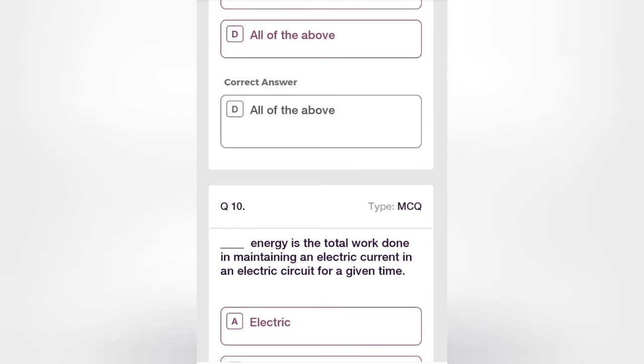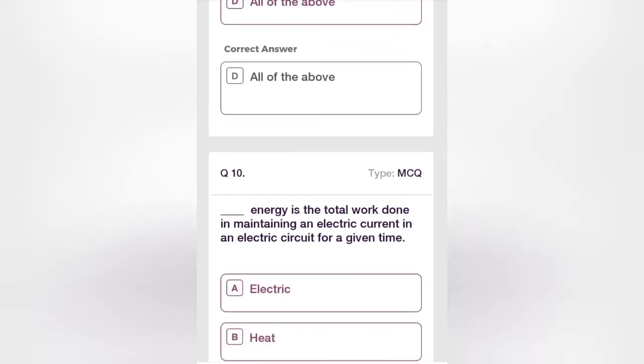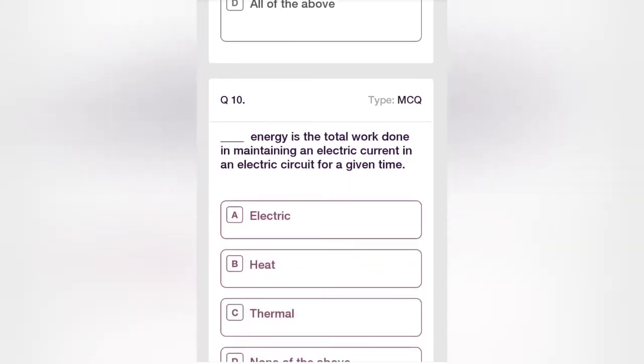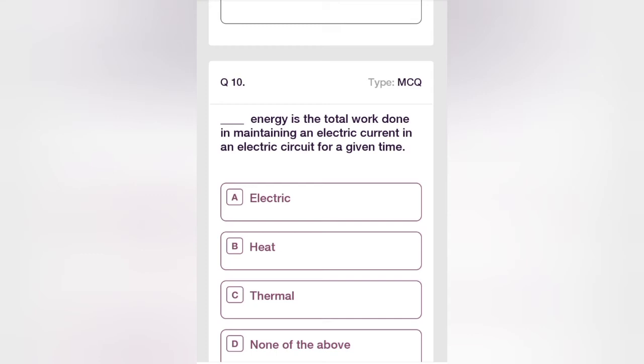Dash energy is the total work done in maintaining an electric current in an electric circuit for a given time. See, dash is the total work done in maintaining an electric current in an electric circuit for a given time.